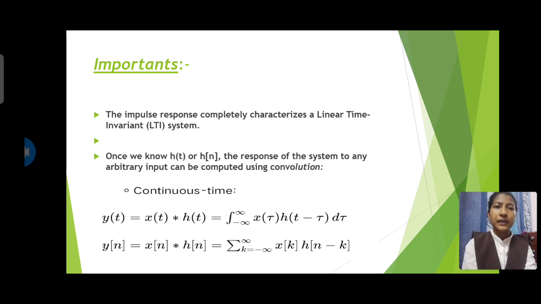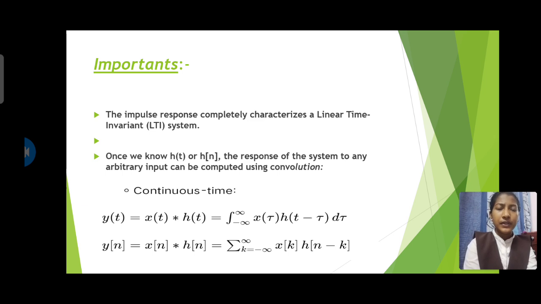For continuous, y of t is equal to x of t convolution h of t, which is nothing but integration minus infinity to infinity x of tau into h of t minus tau d tau.